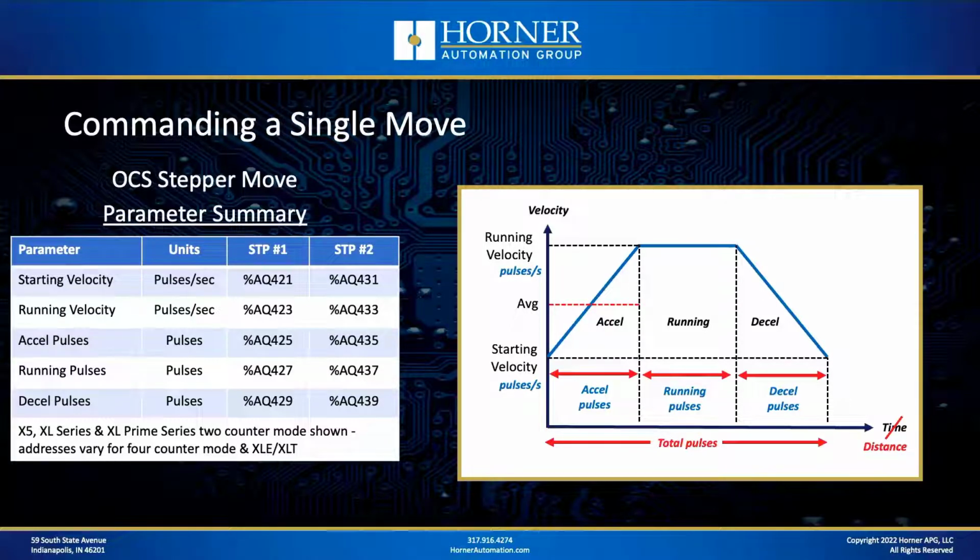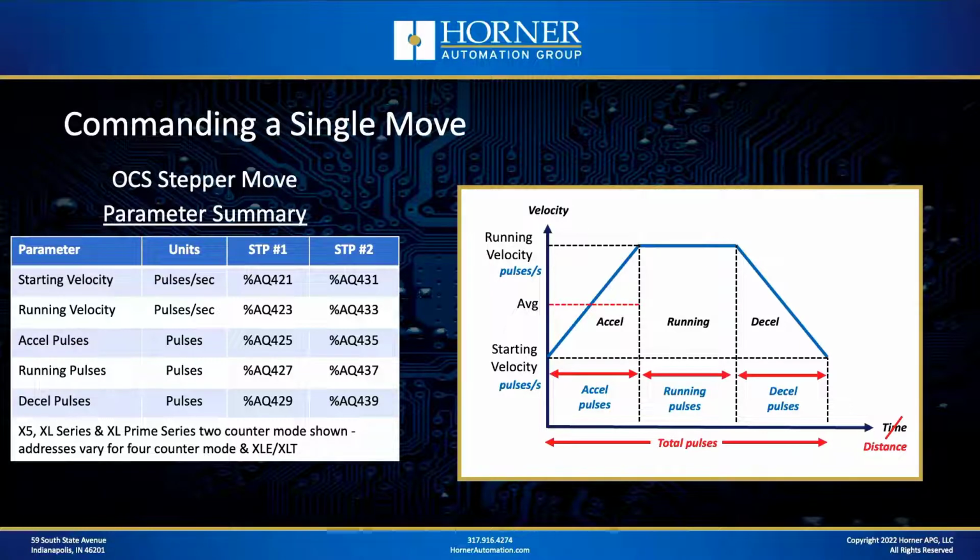And all 5 of those parameters are mapped to real-world I/O points in the high-speed counter / high-speed output functionality in an XL series or XL prime OCS unit or in the X5. All right, so for instance, if you're using the 2-counter mode in an XL series unit, you have the ability to have up to 2 stepper motors that you drive, stepper number 1 and stepper number 2.